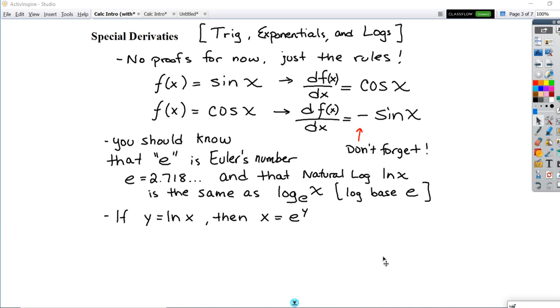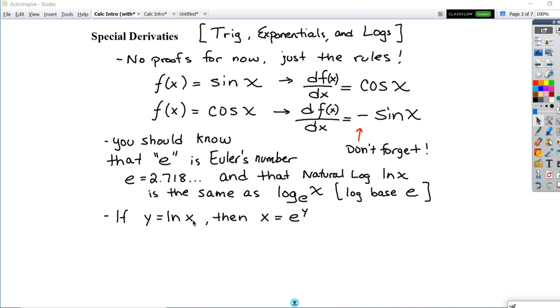If y equals the natural log of x, then x equals e to the y. So when you have a log whose base you know, in this case the natural log, its base is Euler's number e, then y represents the power you raise e to, and x represents the answer.